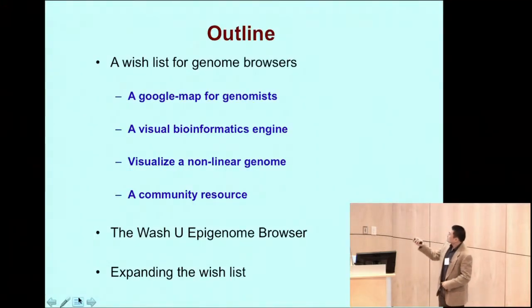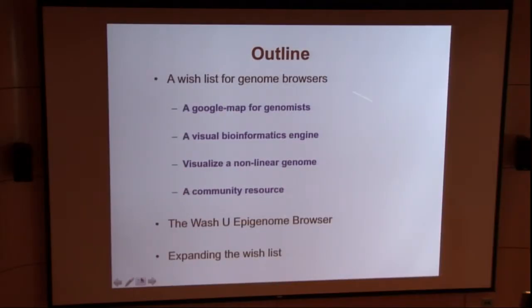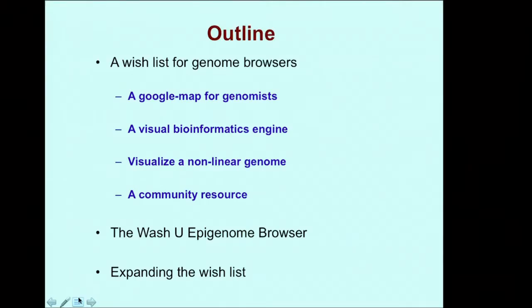I'm going to discuss this wish list and how we have been working to realize it in the context of the WashU Epigenome Browser. That's what we've been working on over the past couple of years. At the end of the talk, I hope we'll be able to expand this wish list.